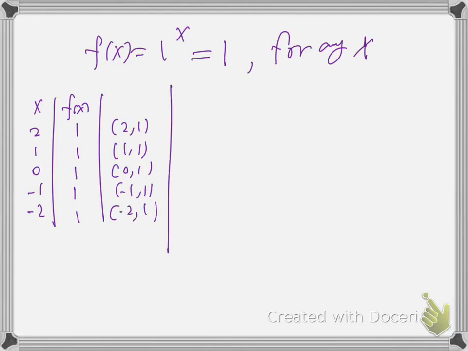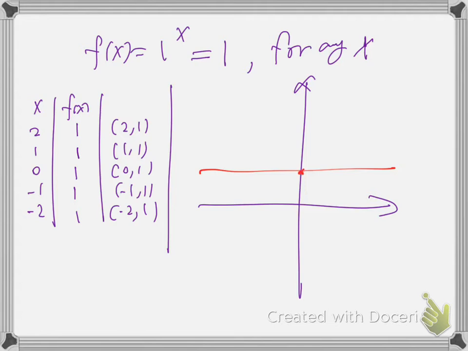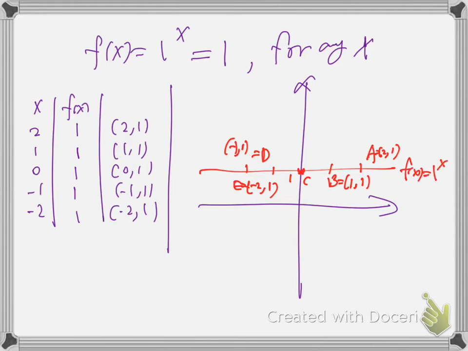What does the graph look like? The graph is a horizontal line passing through 1. This is A (2, 1), B (1, 1), C (0, 1), D (-1, 1), and E (-2, 1). So f of x equals 1 to the x is a horizontal line passing through 1. Again, the y-intercept is always 1.